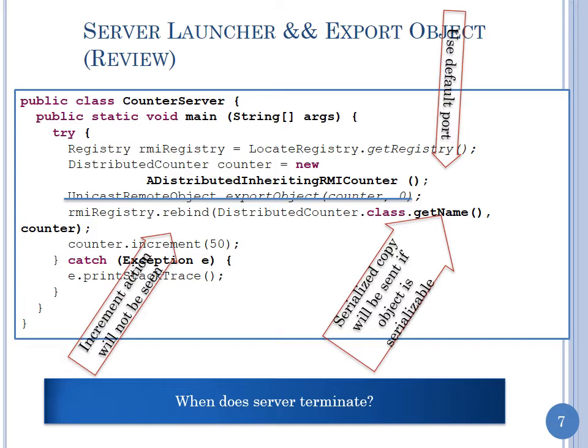As long as I've told the name server I've got a proxy, I better be around to service methods invoked on the proxy. So as long as counter is alive at the name server.